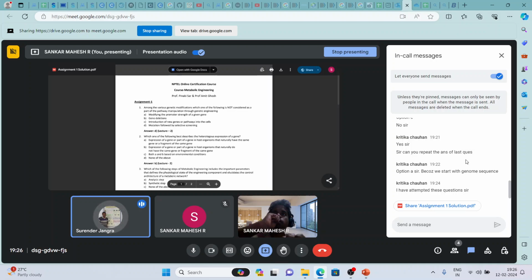Genetic engineering is not random, and here we are targeting a particular metabolic pathway or particular gene. So it is not by chance. True. Like you had mentioned, in genetic engineering, we target specific genes for specific reasons.